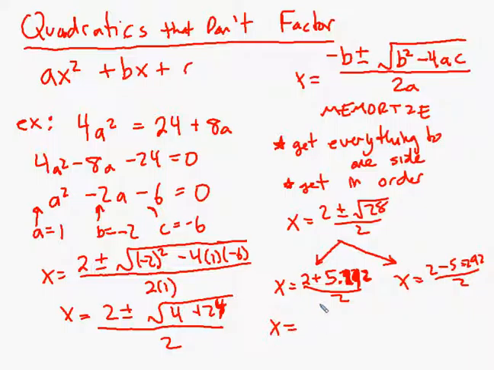So what do we get for this? Well, if you're thinking about 4.472, or 3.646, go with what she said, because I just did mine in one big piece, and I get 2 plus 5.292 divided by 2, 3.65.